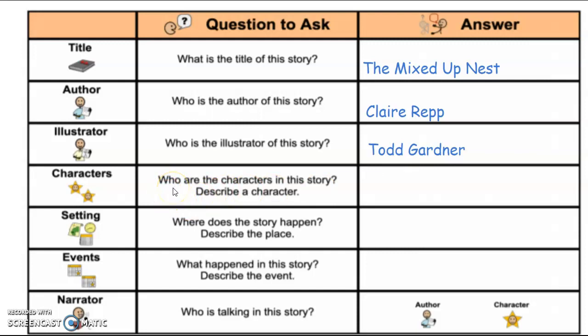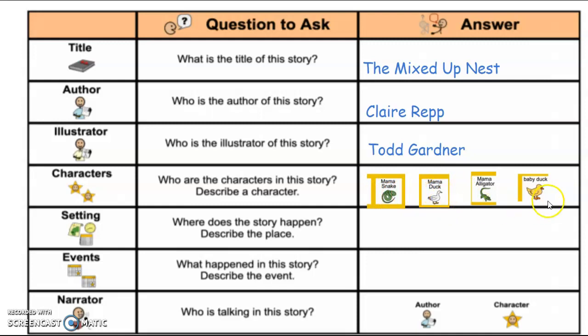Now, I want you to think back to who the characters are in this story. Do you remember which animal was looking for their baby and which animals hatched from the eggs? Those were the characters in the story. There was Mama Snake, Mama Duck.